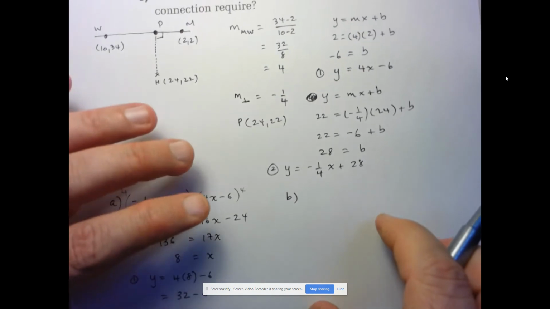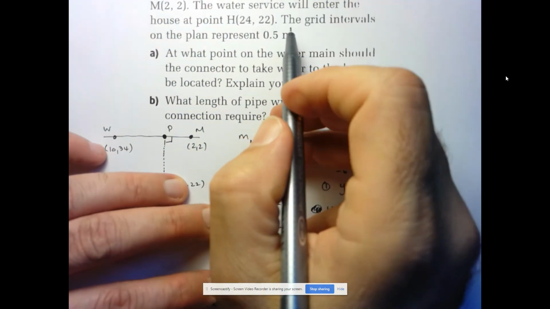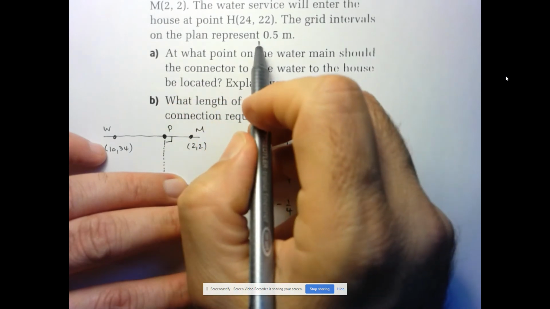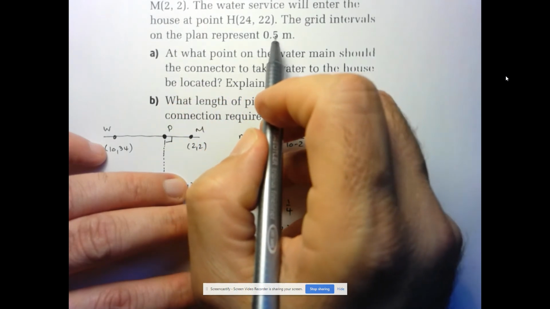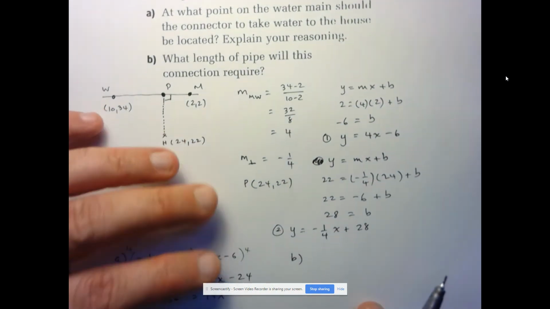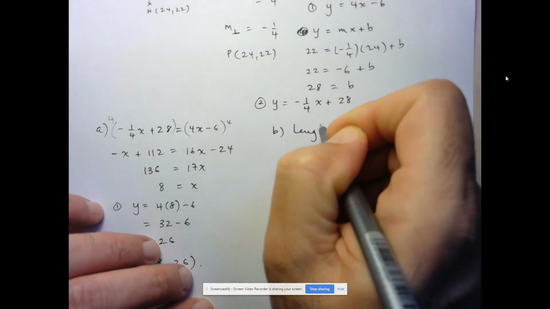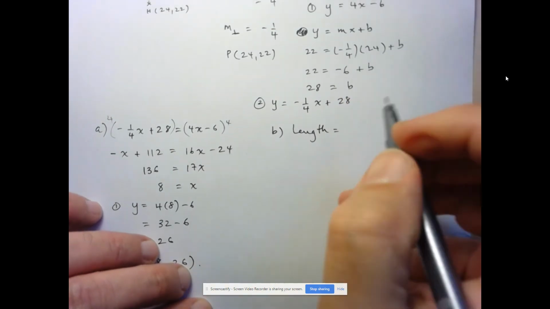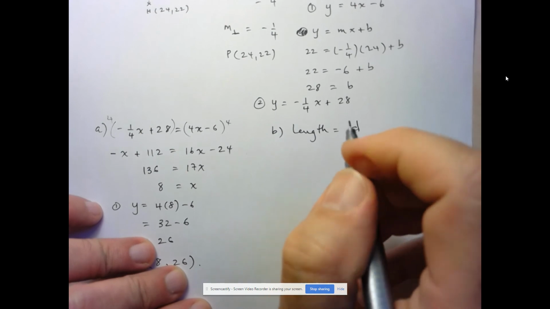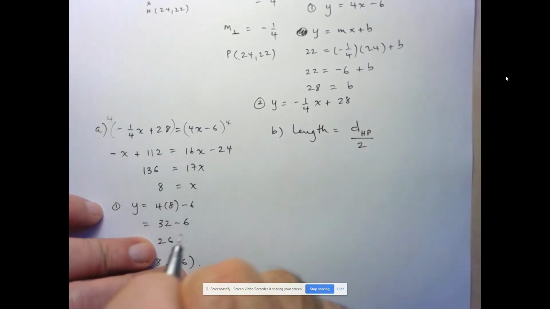And this is where I want you to remember that they told us something about what the grid intervals on the plan represent, and they actually represent 0.5 meters each, not 1 meter each. So when I'm looking for this length, okay, I'm actually going to be taking the distance between H and P, but dividing it by 2.